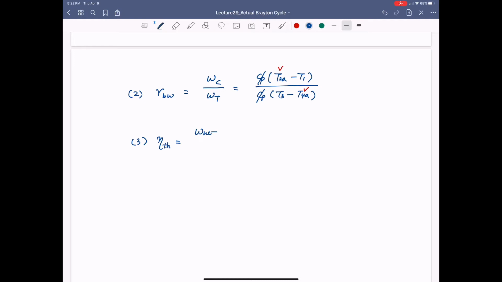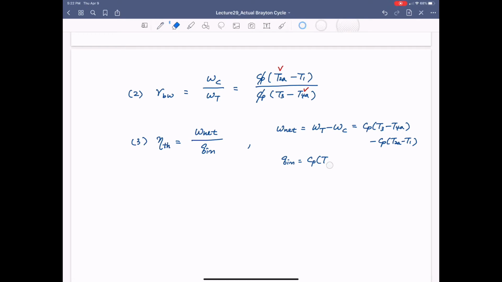Same thing, right? So we know this, and we know the net work can be written as WT minus WC, which is CP (T3 minus T4A) minus CP (T2A minus T1), and Q in is CP (T3 minus T2A).